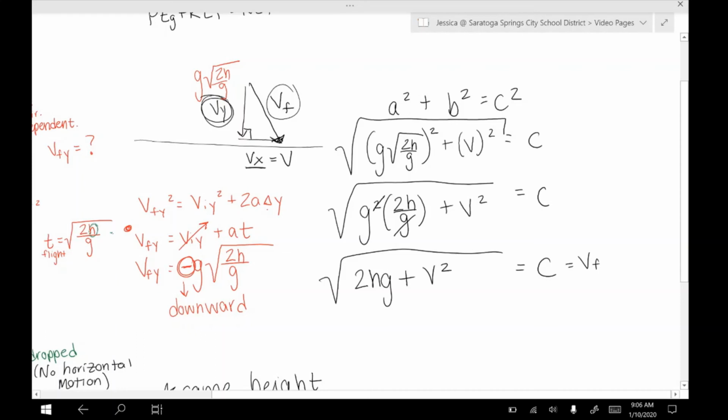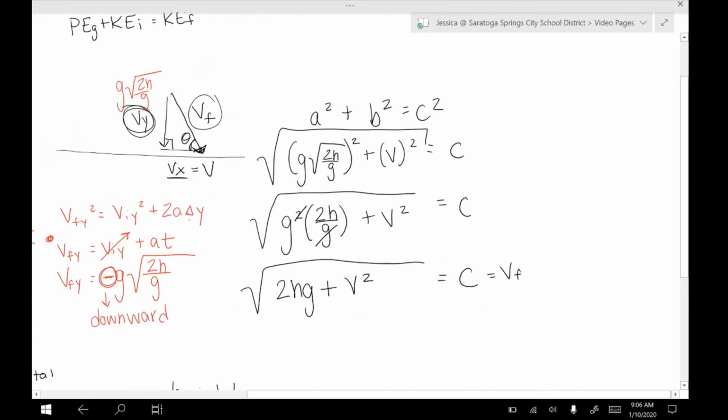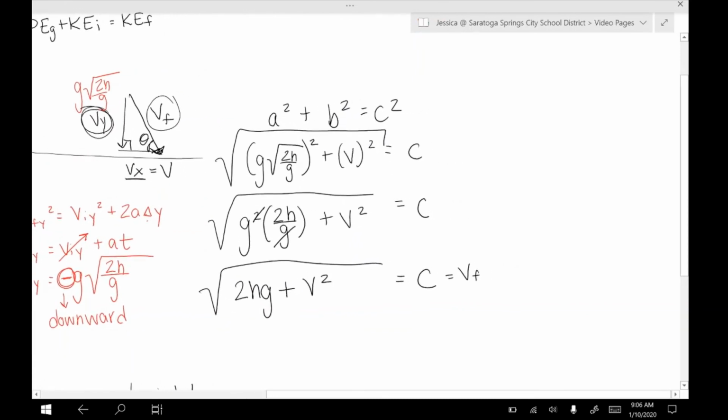I could also use this triangle to help me find the angle of impact, or the angle that that velocity vector makes with the ground or with horizontal. If I know all three sides, I can use sine, cosine, or tangent. I personally like to use tangent because I usually know Vy and Vx. So the tangent of the angle is going to be that final y velocity over the x velocity.